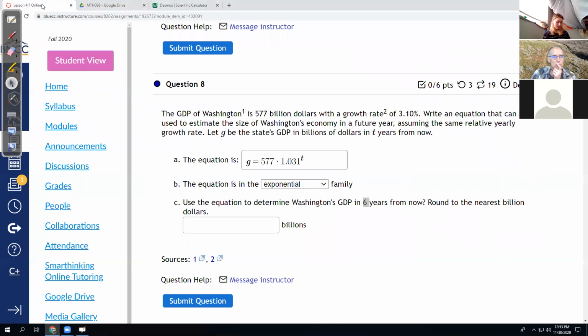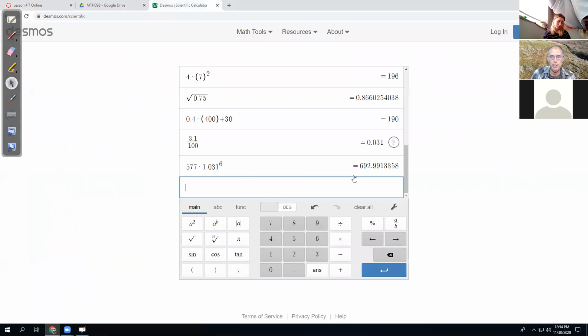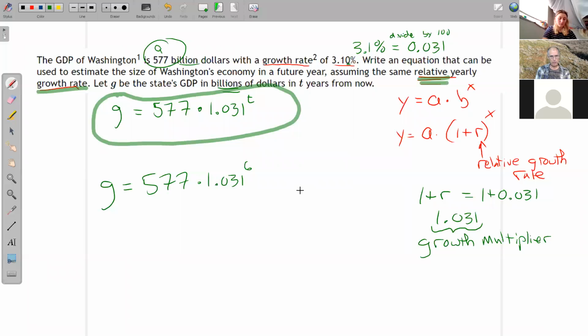And do they give me round to the nearest billion? Okay. The nearest billion, that 9 here rounds that 2 up to a 3 for me. So I would say it's 693 billion. Let's write that down. That's about 693 billion.